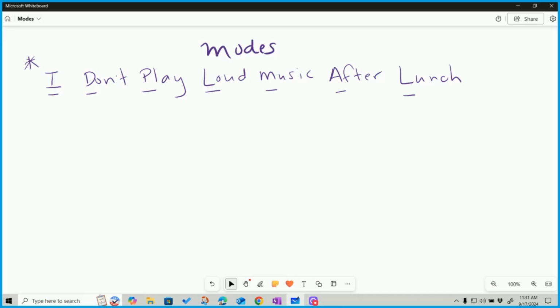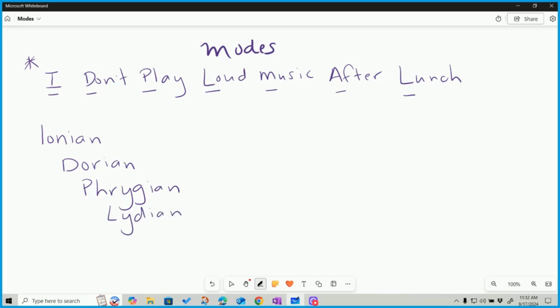Okay, now the modes are not these words. The mode that starts with an I is Ionian. The mode that starts with a D is Dorian. The P is Phrygian. The L, Lydian.